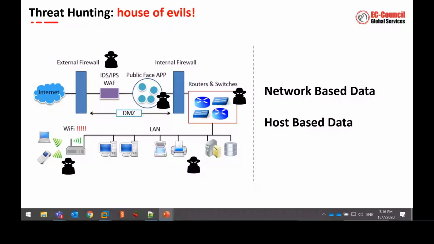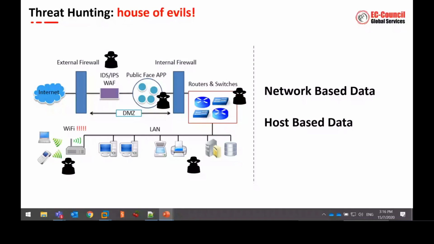So we can investigate the logs from IDS, IPS, we can look at logs from the endpoint, but we should not focus only on the logs. In general, we should divide our source of data into two main categories: network-based data and host-based data.